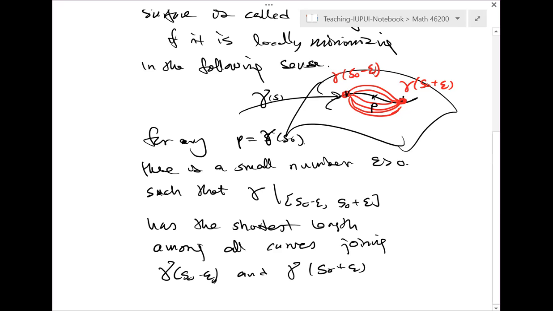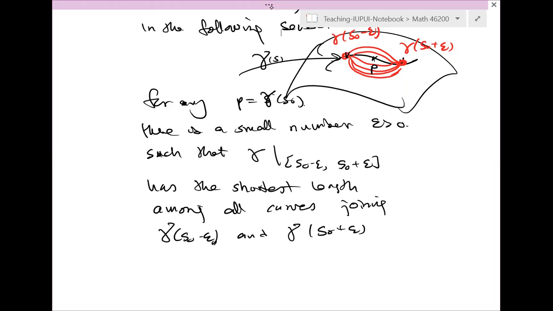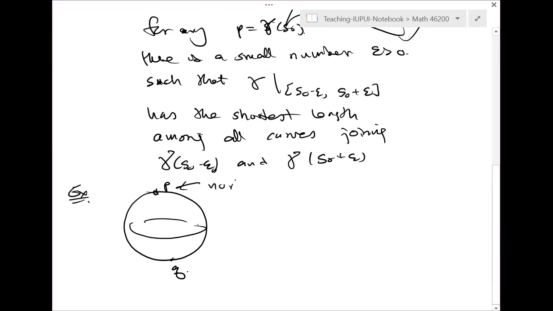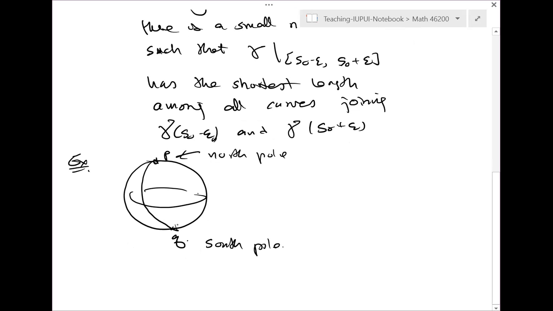Now, locally minimizing does not mean globally minimizing. Let's look at this example of a sphere. This is a unit sphere. This is the North Pole and the South Pole, with points P and Q. The great circle along this is actually globally minimizing.